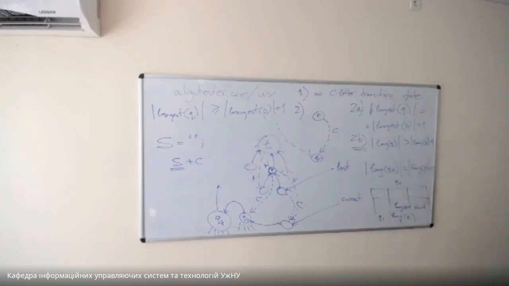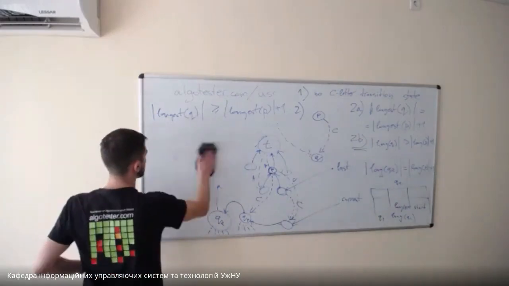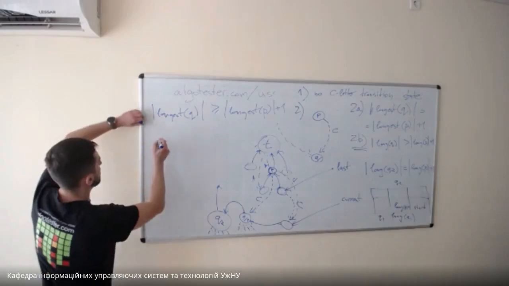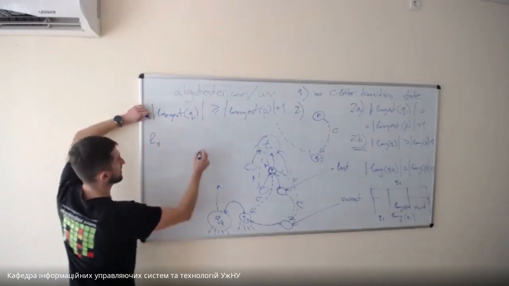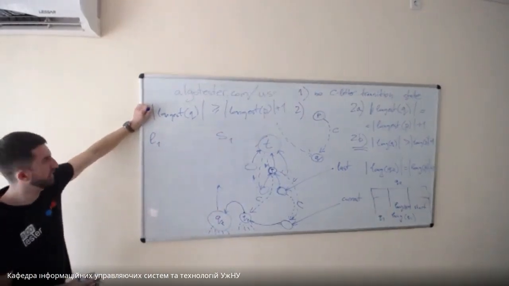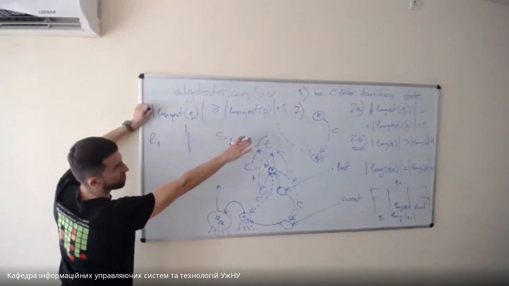So let me put it somewhere here. Okay, so it used to be longest and shortest for Q1. Yeah, and here in the middle, that's what we have, longest P plus 1.